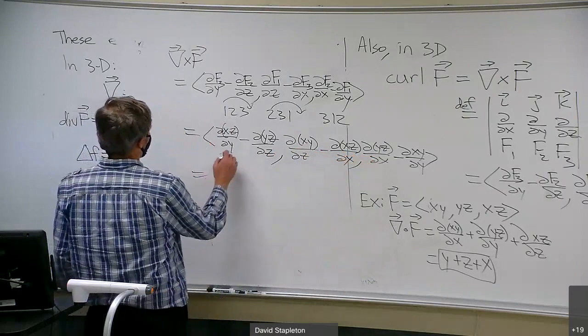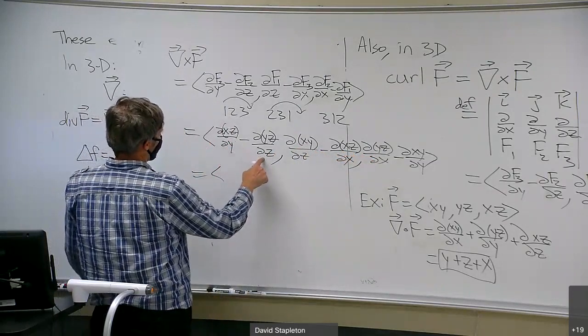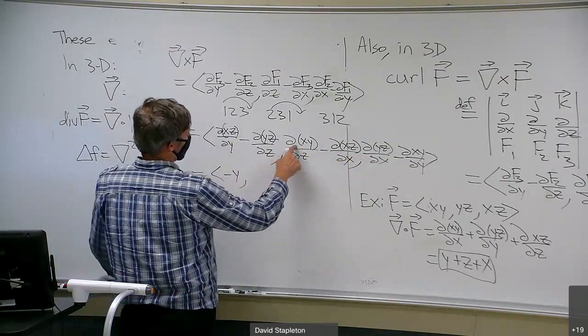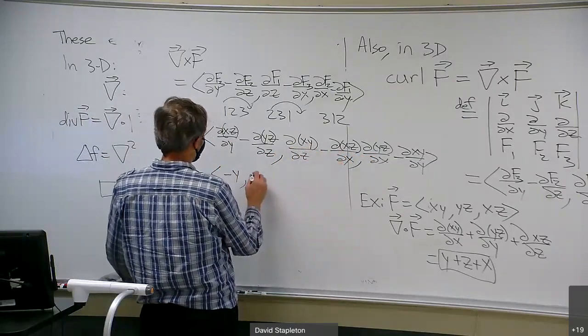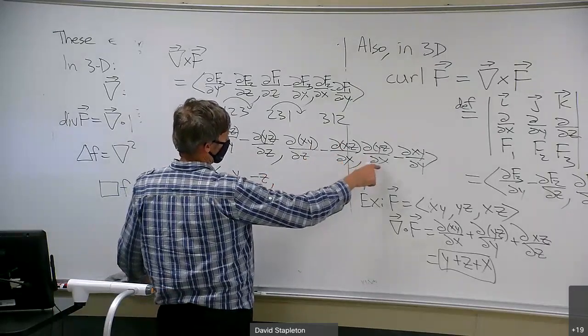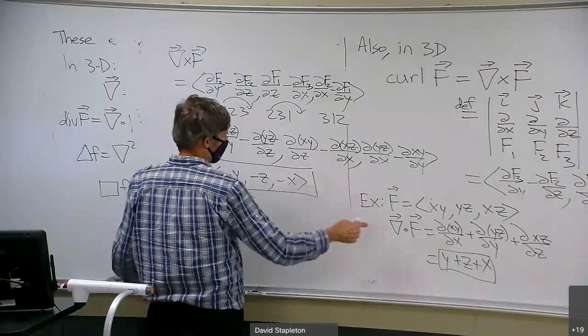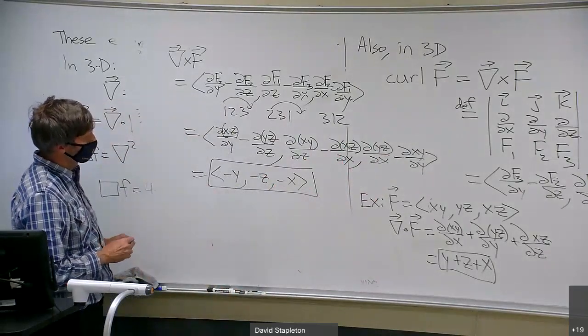All right. And then this comes out just to be 0 minus y. This one comes out to be 0 minus z. And this one comes out, let's see, to be 0 minus x. The curl of a vector field is a vector.